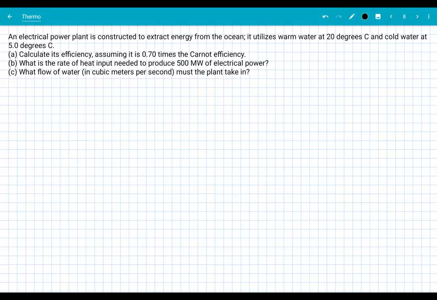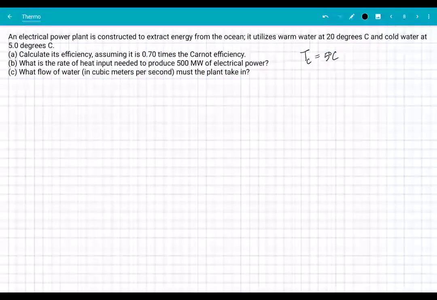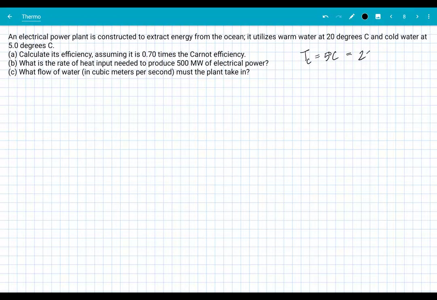So cool, that gives us a good place to start here because we are given the temperatures. As we know, though, the temperatures need to be in kelvins for us to utilize them in this way when doing Carnot calculations. So the cold temperature here is 5 degrees C. That's going to give us 278 kelvins.